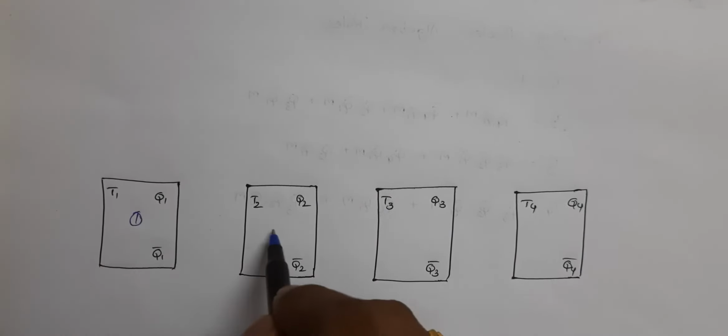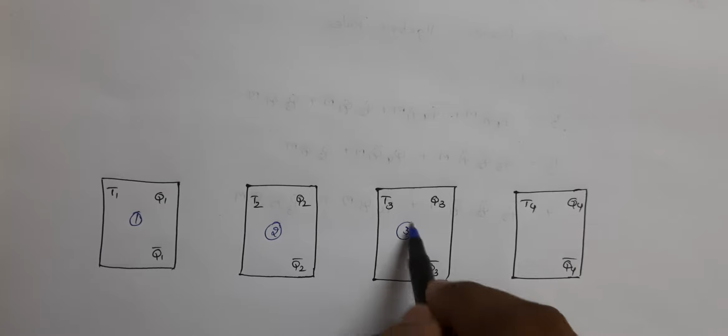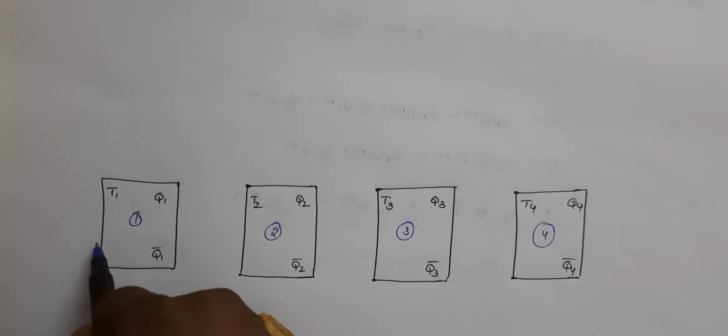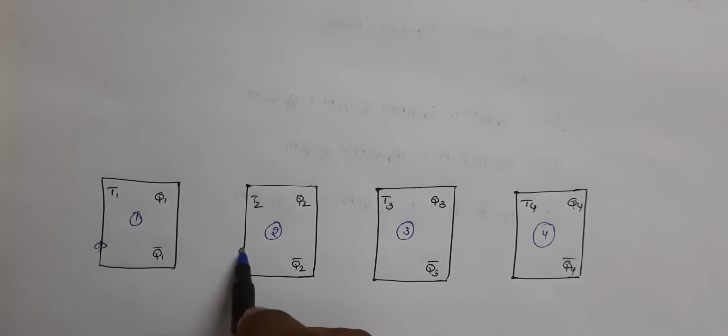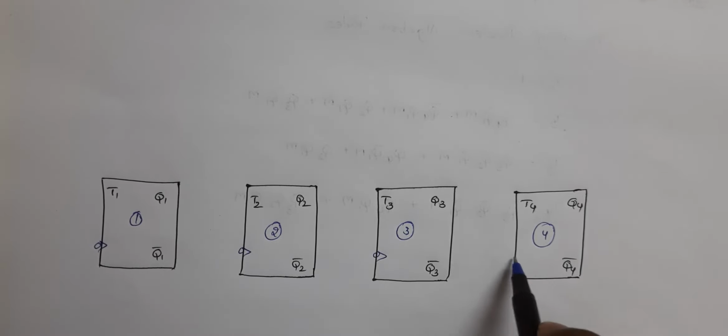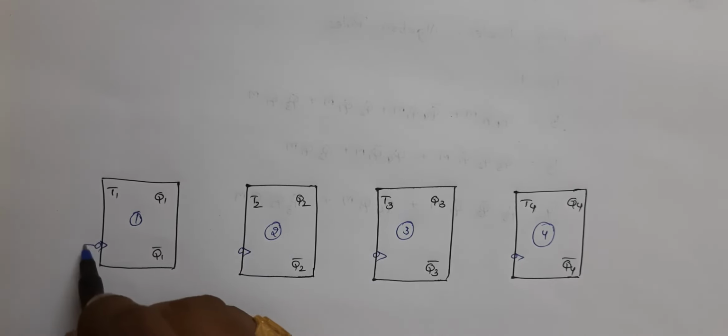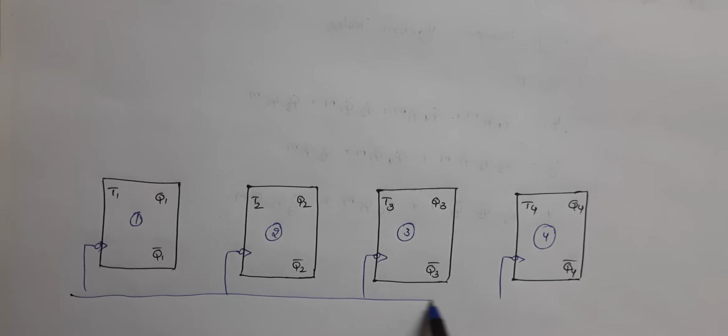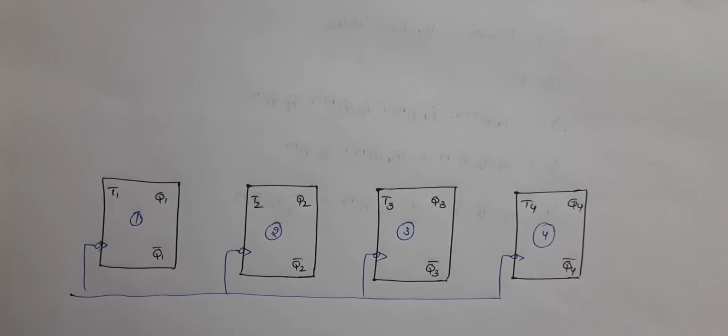The number of flip-flops is 4 and we represent them as 1, 2, 3, 4. All are clocked simultaneously, because this is a synchronous counter.